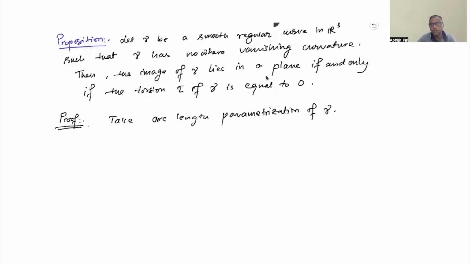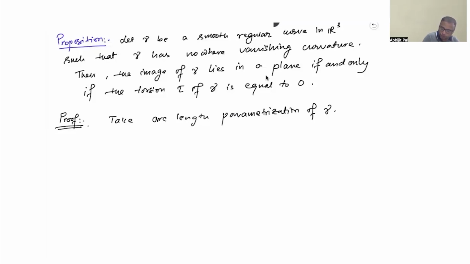Note that changing the parameterization of gamma does not change the image of gamma. So if gamma lies in a plane and you change the parameter, it will continue to lie in that plane.